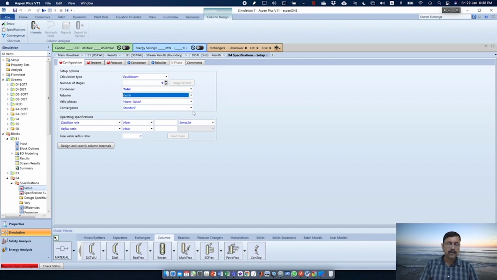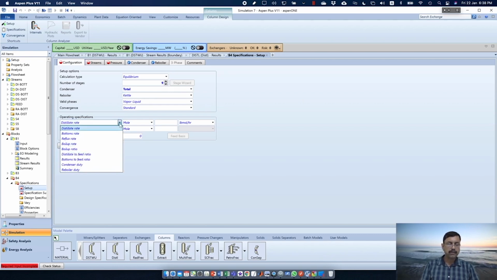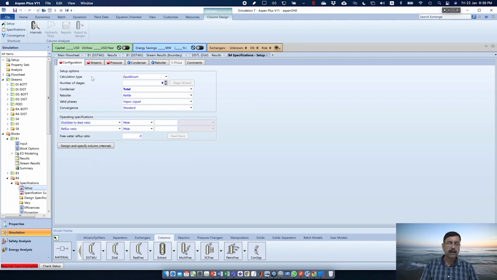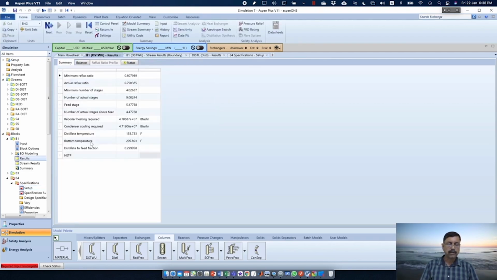And we have to give this operating specification, either of two. So we have distillate rate, bottoms rate, reflux rate, boil up ratio, and others. Let us use distillate to feed ratio because this information we already have from our shortcut calculation. So distillate to feed fraction is 0.3. So we will use this information over here, 0.3.